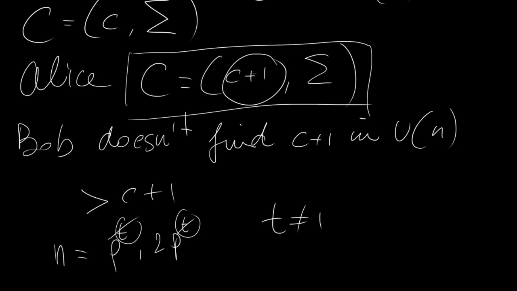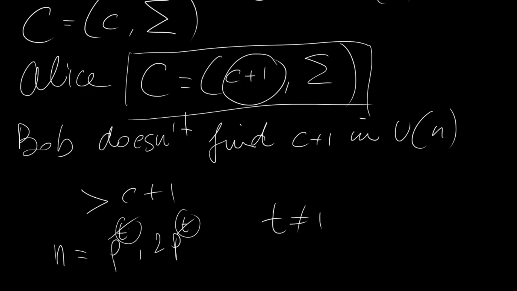So if c is in the group, then also c plus 1, plus 2, c minus 1, they all are in. If we exclude t being 1, then we can use this trick many times arbitrarily. Alice doesn't have to communicate that she is doing it, because simply Bob will not find this in the group.